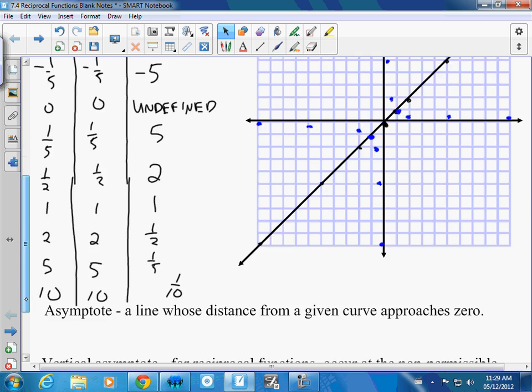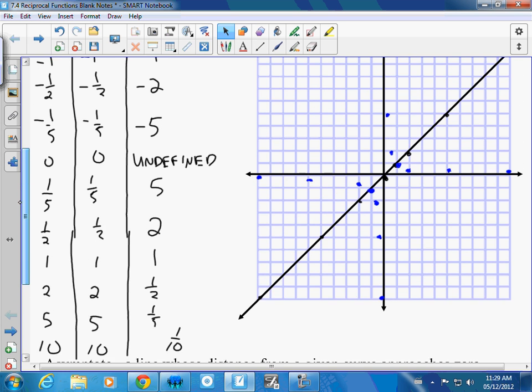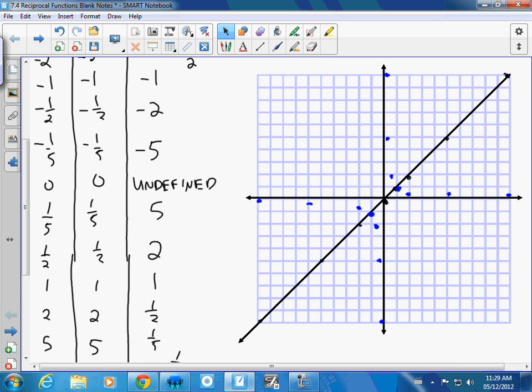Oh, you're supposed to read the bottom? What is it? A line whose distance from a given curve approaches 0. Okay. So look what's happening here. So what it is, it's a line that approaches a point or approaches a line, right? A point that approaches the line, but never, ever touches it.